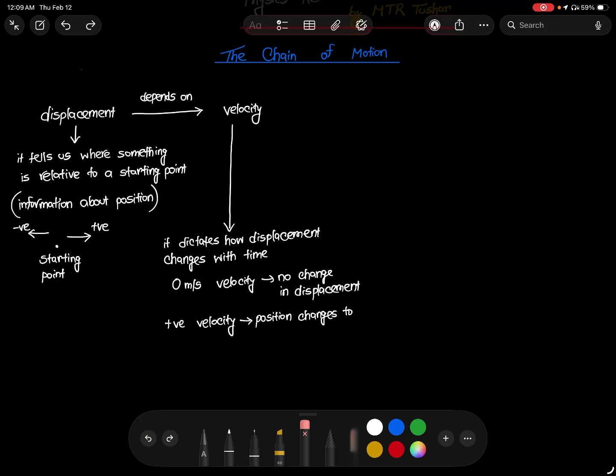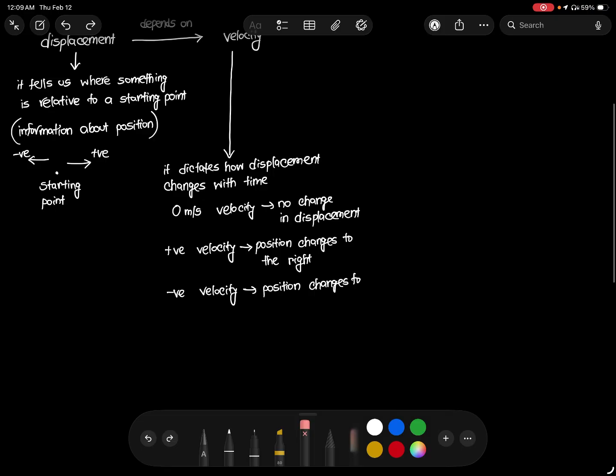Then, if the velocity of the object is positive, what does that mean? It means the object changes its position to the positive direction, as in our example, it will move towards right. And if the object has a negative velocity, then the position changes to the left.